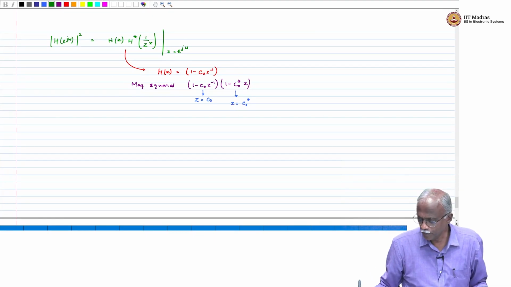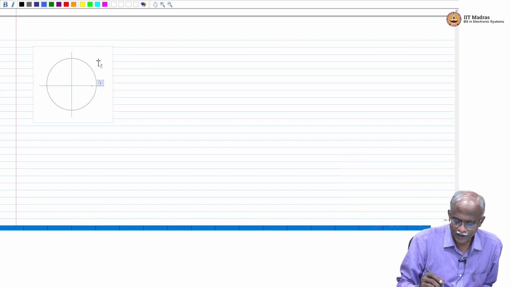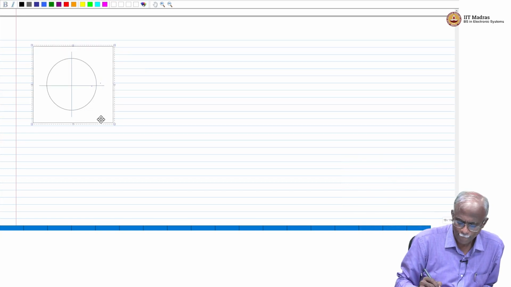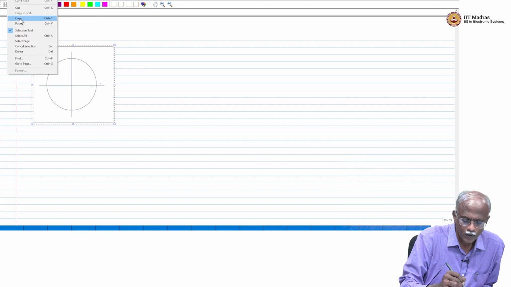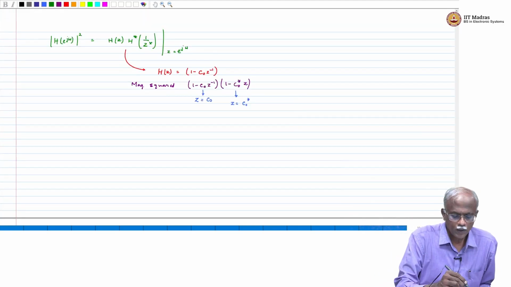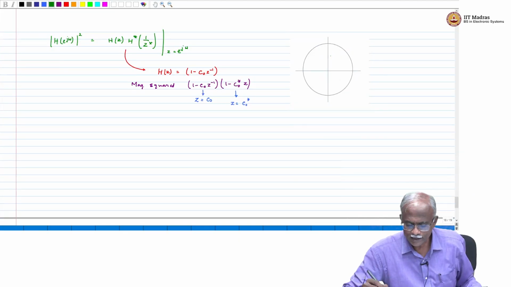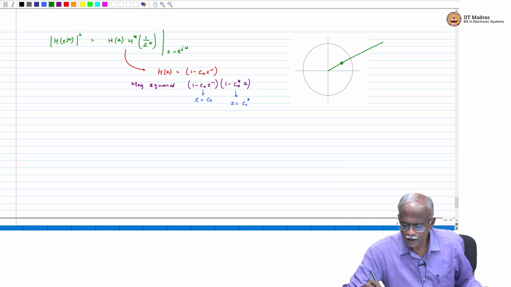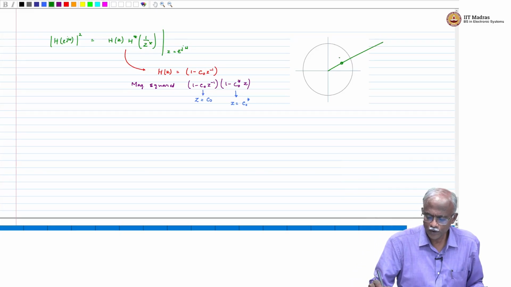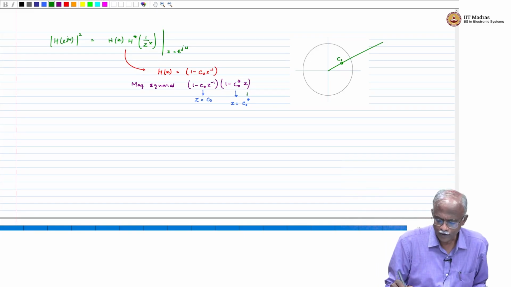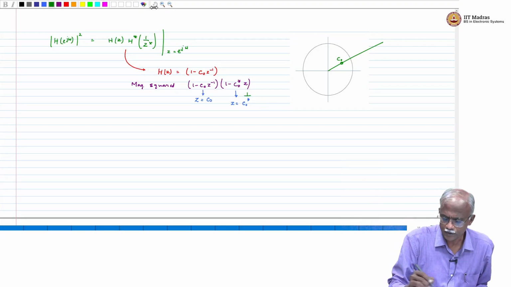A very important observation comes from here: if I have a transfer function with a zero at c₀, by the way, the other zero is at 1/c₀*, and not c₀.